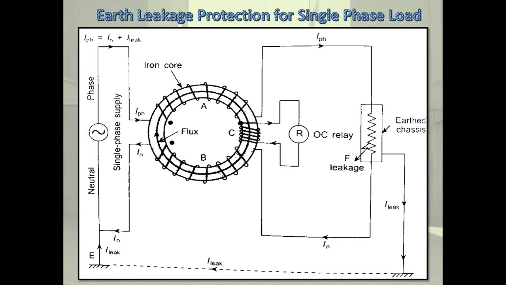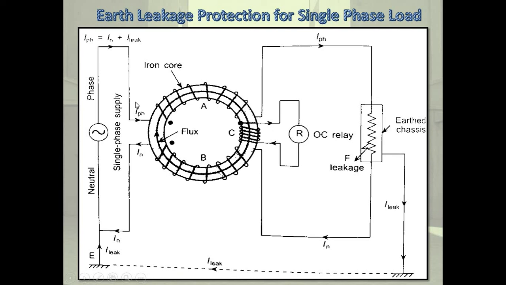It is also wound on the core, and is connected to the trip coil of the relay. Windings A and B are connected to terminals L and N of the device respectively. Coil A carries current IL while coil B carries current IN.